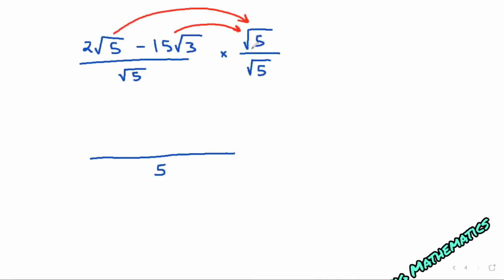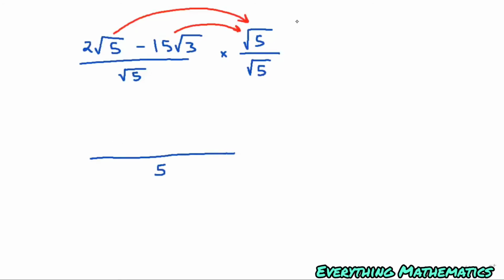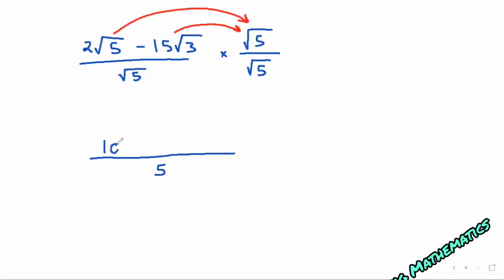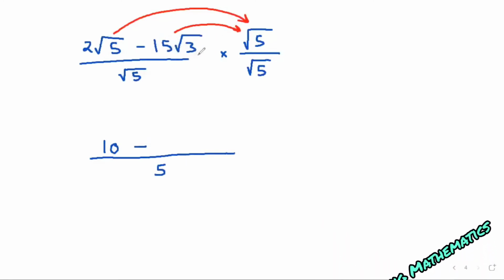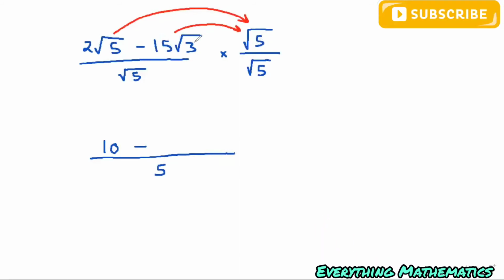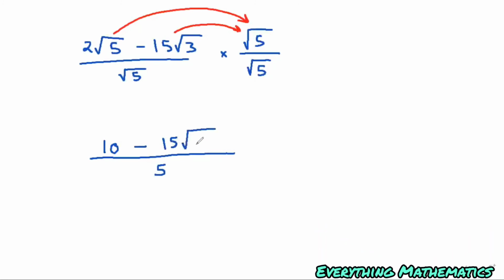As a result, we'll have 5 times 2, which will give us 10. So that's what we get at the top here. So this will be 10 minus 15 root 3 times root 5. Well, this root 5 and this root 3 will be multiplied by each other, and the outside coefficient remains the same. So that will be 15 root 15.